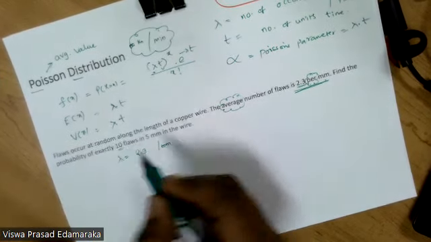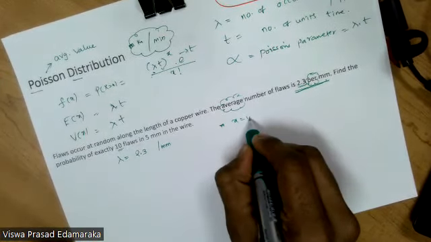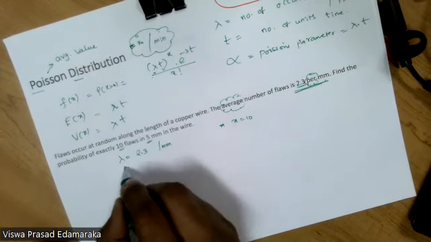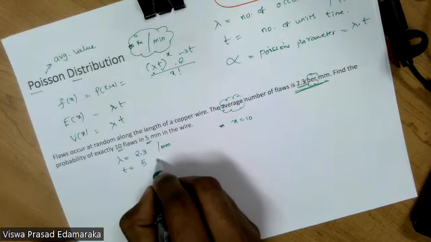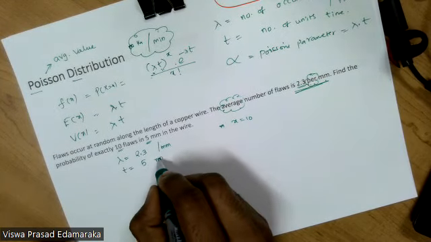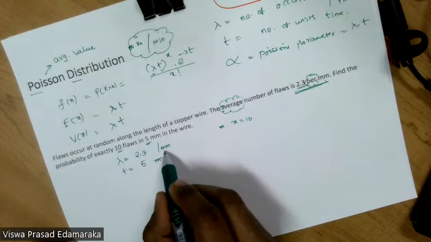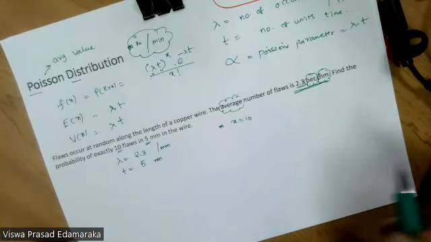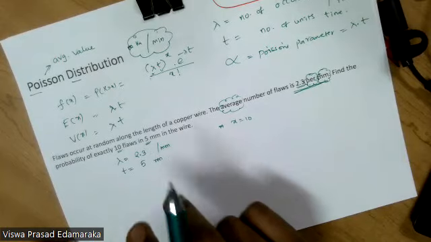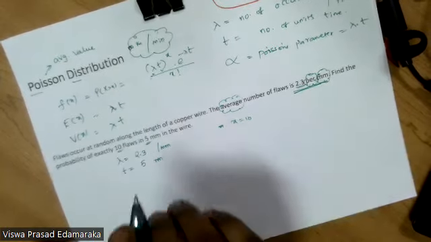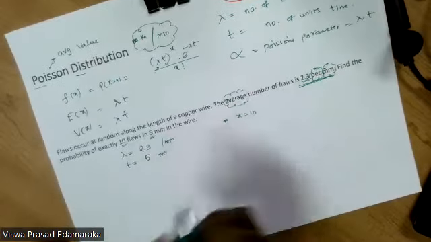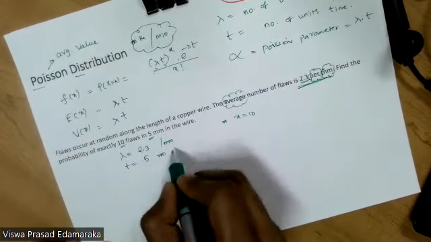Exactly 10 flaws, that is x equals 10, in 5 mm of the wire. So time t equals 5 mm. Another important observation is the division: here it is per mm, so definitely the time t value will be in mm. After cancelling these two, you will get the number of occurrences. So lambda equals 2.3 t.